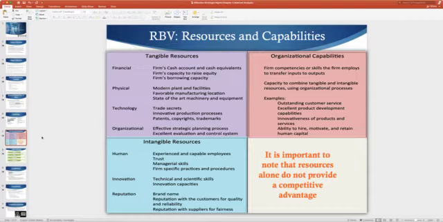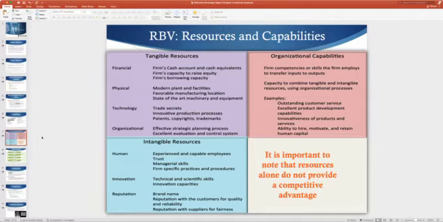Now, touching again on capabilities of the organization, again, this is that transference of inputs to outputs. And when we're looking at the capacity element, this is the amount of work that can get done.